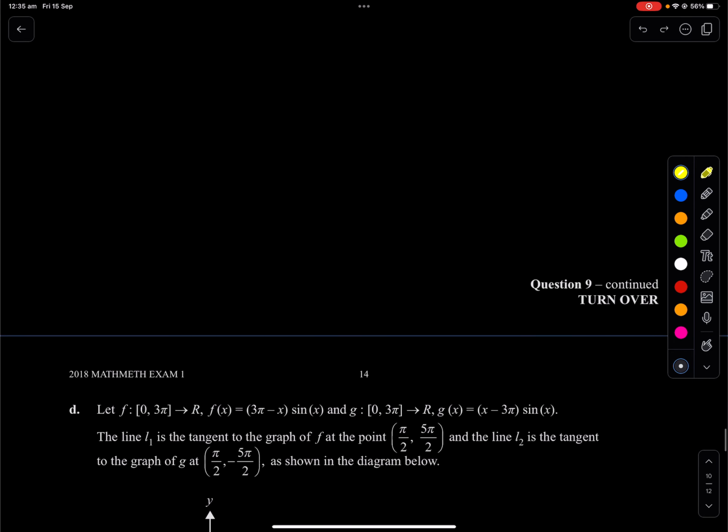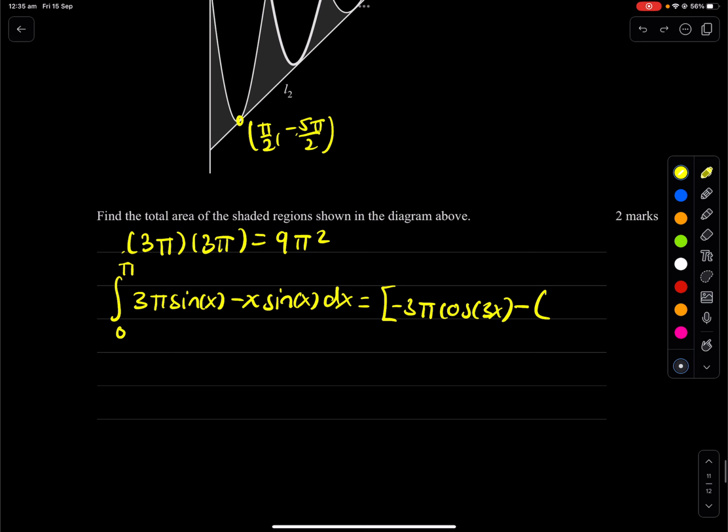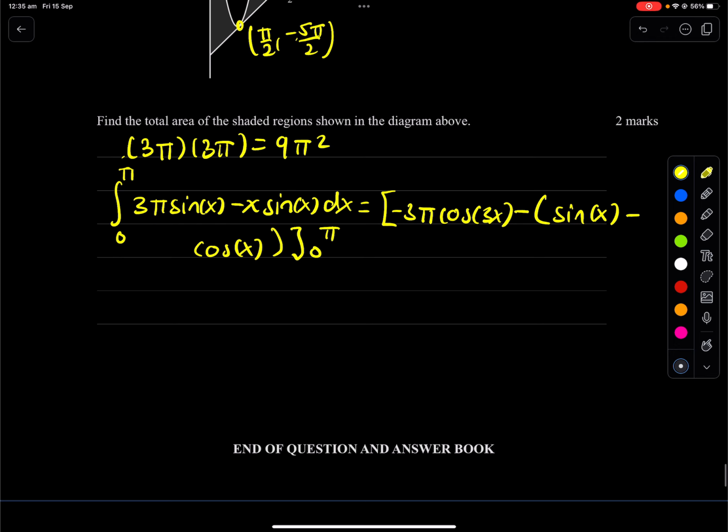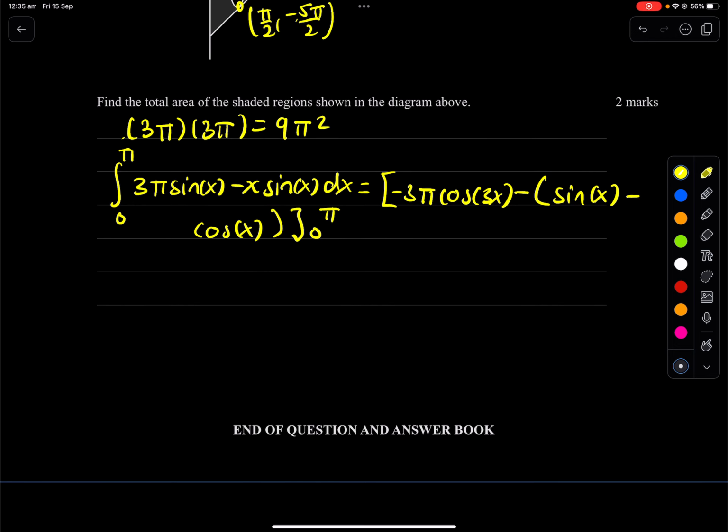So we put that minus here: sine x minus x cos x, from 0 to pi. All right, so let's evaluate this.